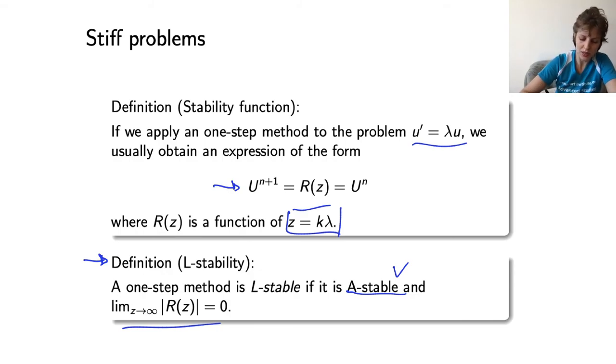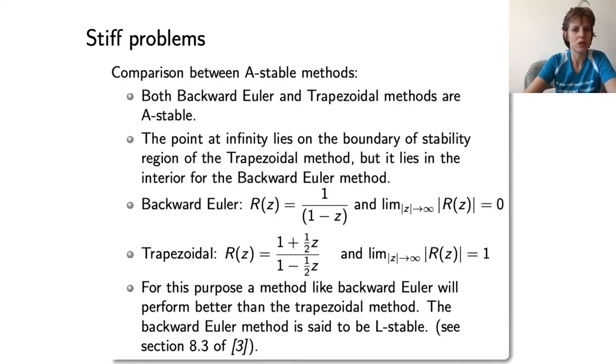No, I think I got a bit confused here. So let's see this comparison between A-stable methods. The backward Euler and trapezoidal methods are A-stable. The point at infinity lies on the boundary of the stability region of the trapezoidal method, but it lies in the interior of the backward Euler.